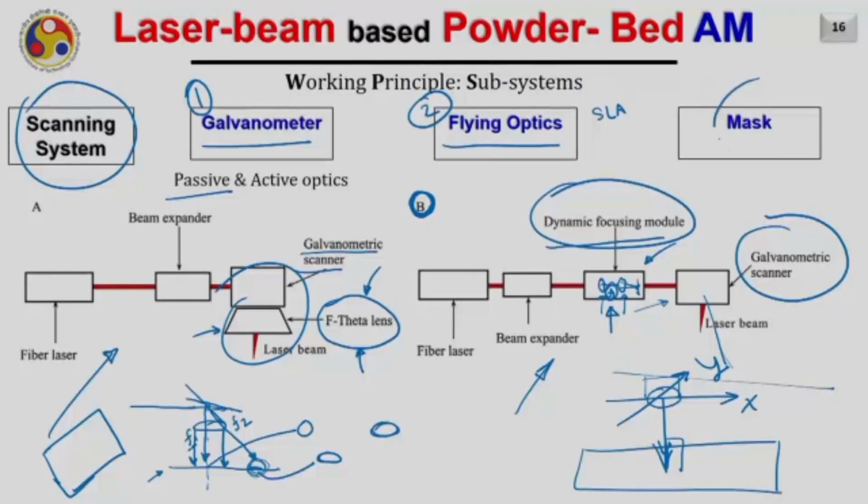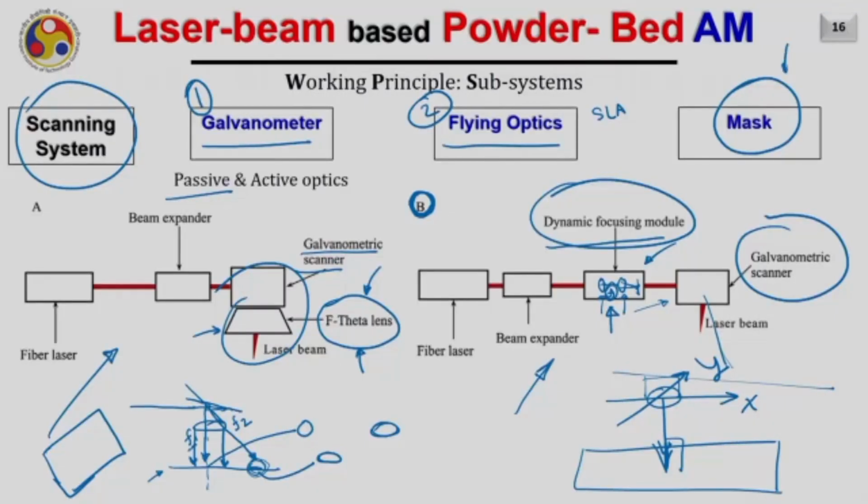Another one is the mask based system, though such systems are not much explored in the case of the high power laser used in laser beam based powder bed additive manufacturing systems, but a few researchers have explored this technique where multiple lamps are used and instead of a laser beam, the projected floodlight falls onto the mask.